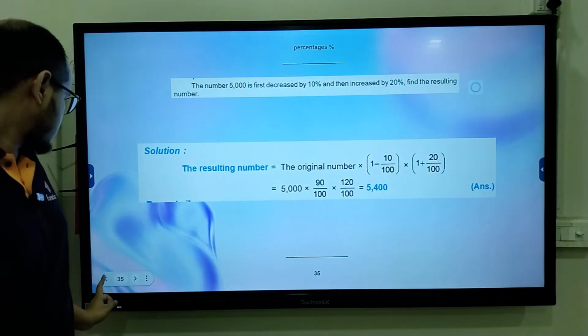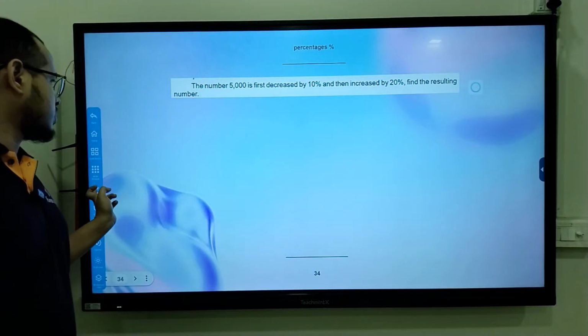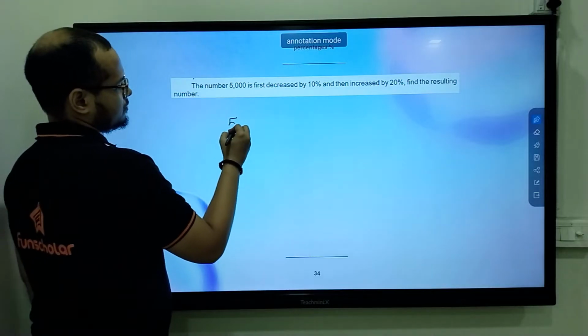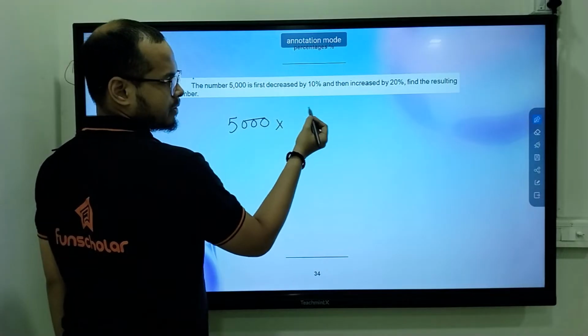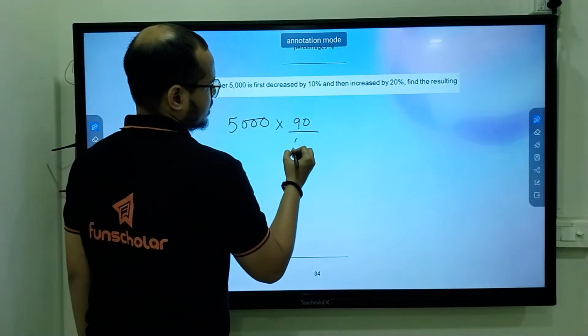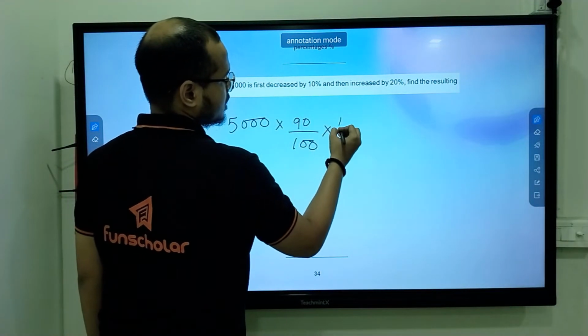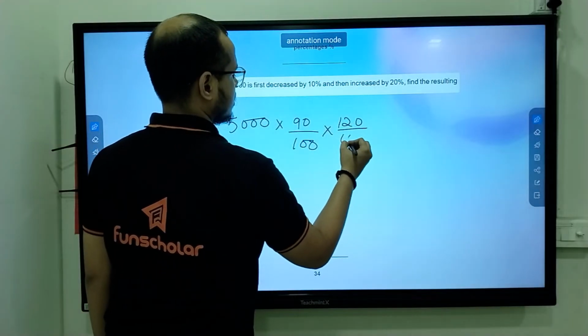Now, what did they do here? It is also very easy. So 5,000 decreased by 10%, 100 minus 10, 90 by 100, then increased by 20%, so 120 by 100.